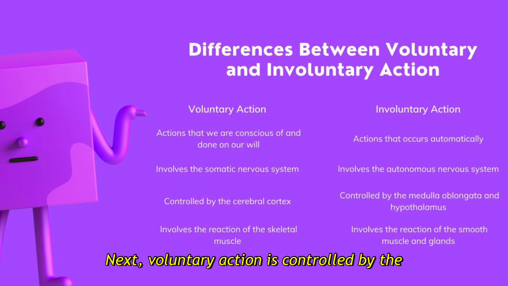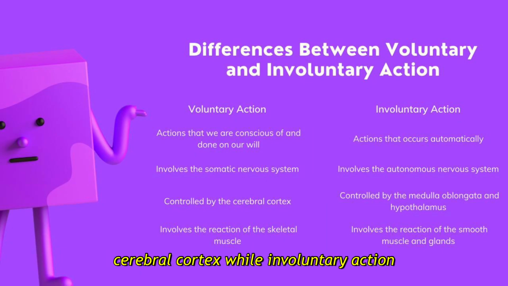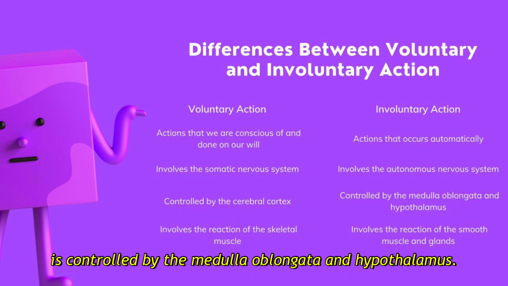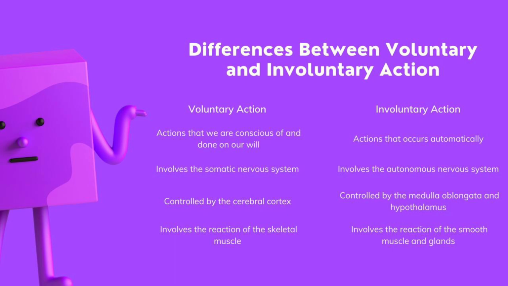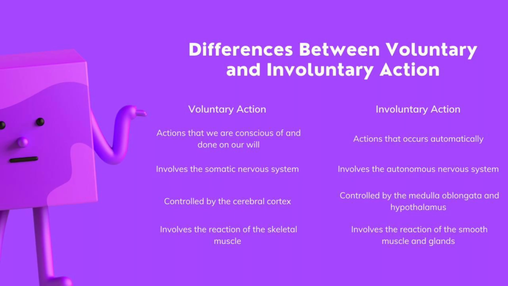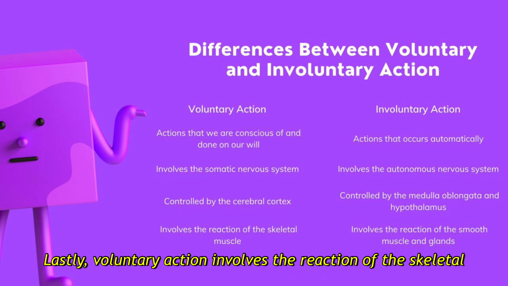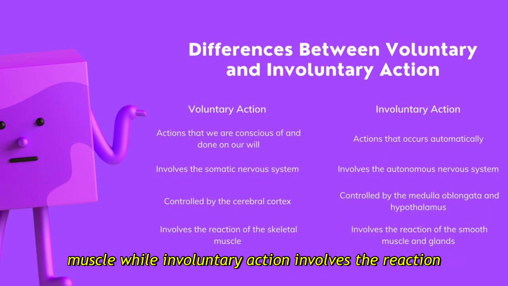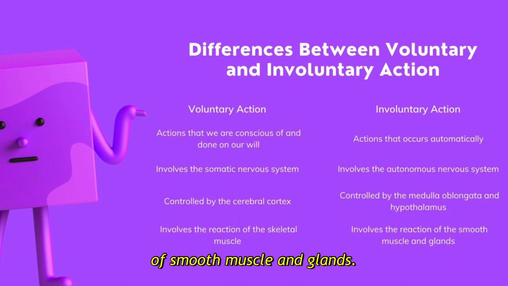Next, voluntary action is controlled by the cerebral cortex, while involuntary action is controlled by the medulla oblongata and hypothalamus. Lastly, voluntary action involves the reaction of skeletal muscle, while involuntary action involves the reaction of smooth muscle and glands.